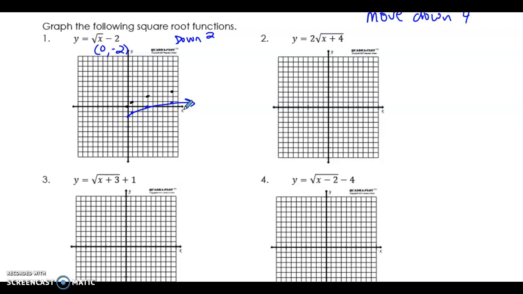All right, number 2, this one has a vertical stretch and 4 to the left. So vertical stretch of 2, and then 4 units to the left.